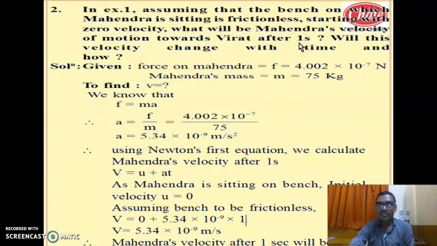We have studied by Newton's universal law of gravitation that there is a force of attraction between Mahendra and Virat. Now the question arises: what will be the velocity once they start attracting each other? Will this velocity change with time, and how?